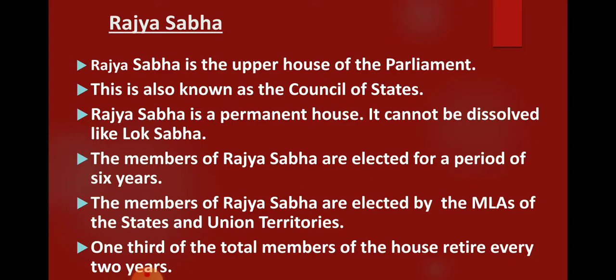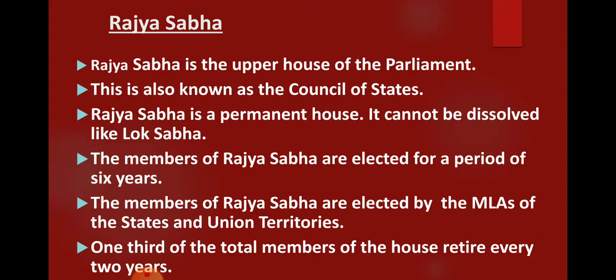It cannot be dissolved in any circumstances. The members of Rajya Sabha are elected for a period of 6 years. This is an important point, a frequently asked question for the board examination. The term of office of a member of Rajya Sabha is 6 years.